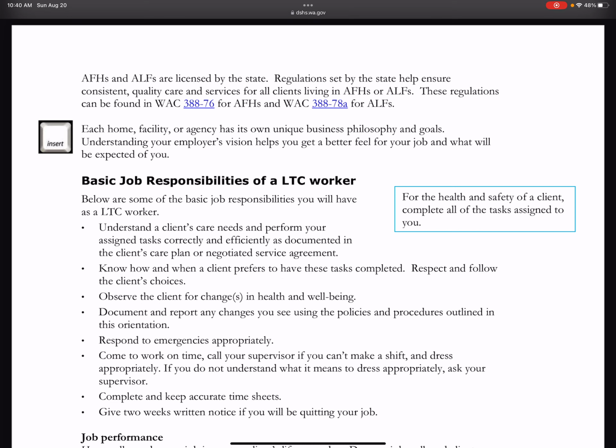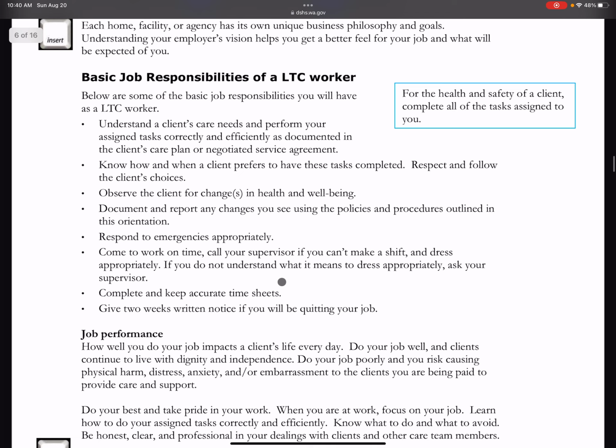Respect and follow the client's choice. Observe the client for changes in health and well-being. Document in a report any changes you see, using the policies and procedures. Respond to emergencies appropriately. Come to work on time. Call your supervisor if you can't make a shift. Dress appropriately.